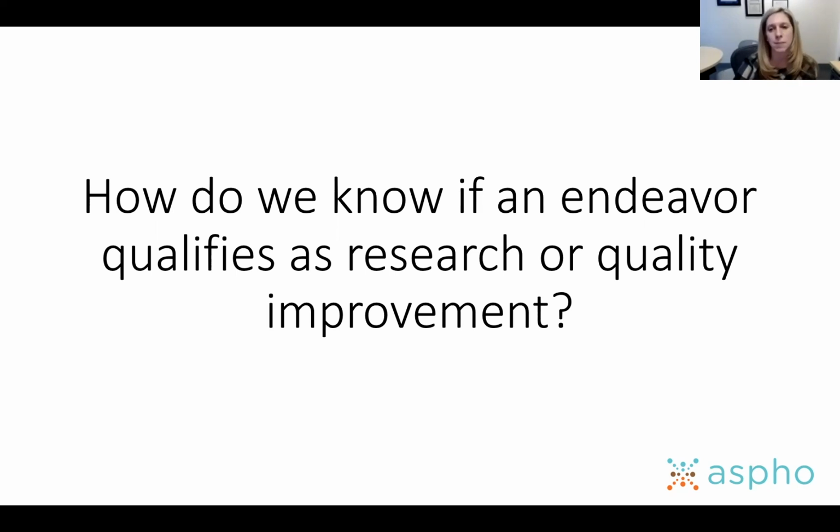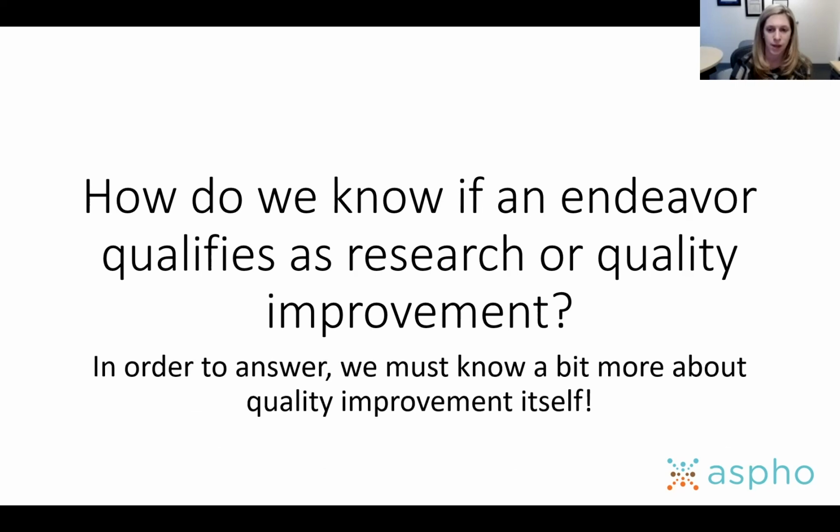A lot of time sometimes goes into trying to determine if an endeavor, a particular academic activity, is best characterized as research or quality improvement. In order to answer that, we really need to know a little bit more about quality improvement itself.